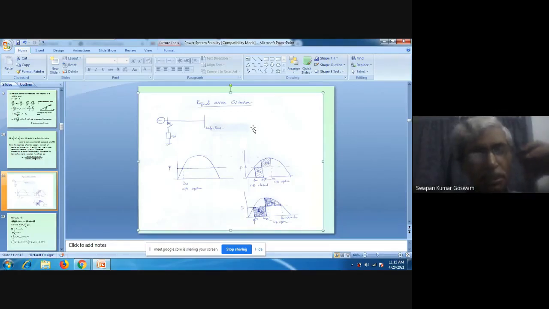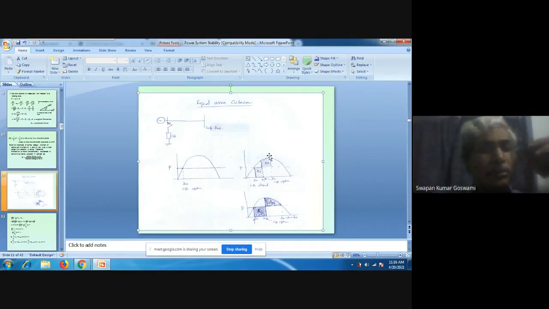All right, so since energy inserted has been totally extracted out, synchronous speed has been restored here. Am I clear? This will not be a stable condition, but this completes the first swing. After that, the machine will start running at a speed which is less than synchronous.